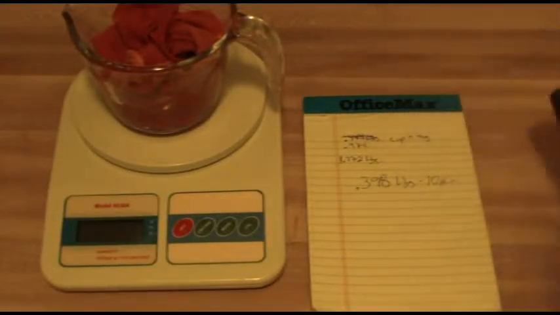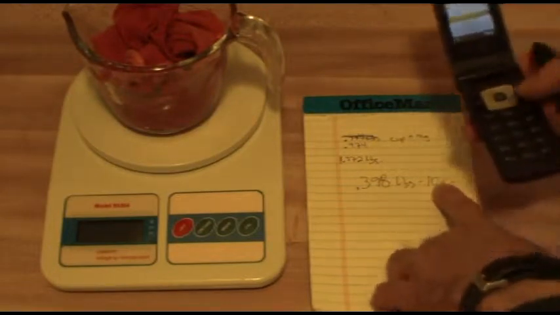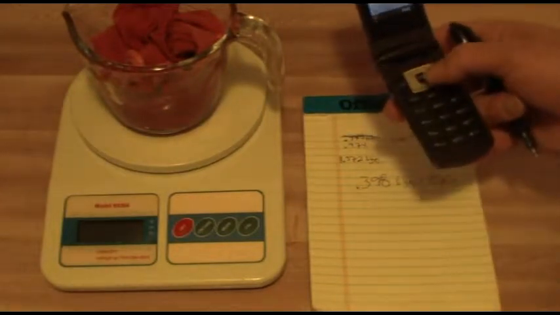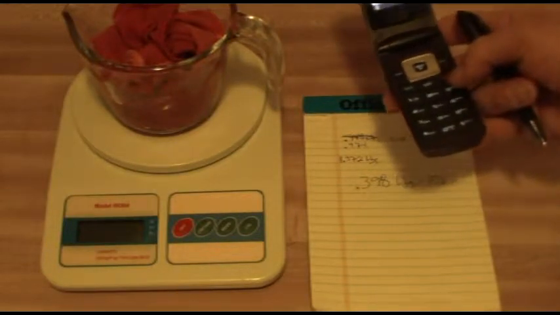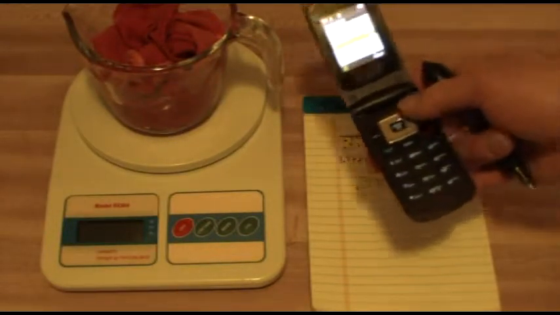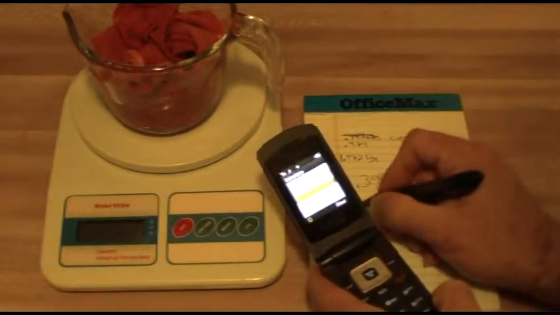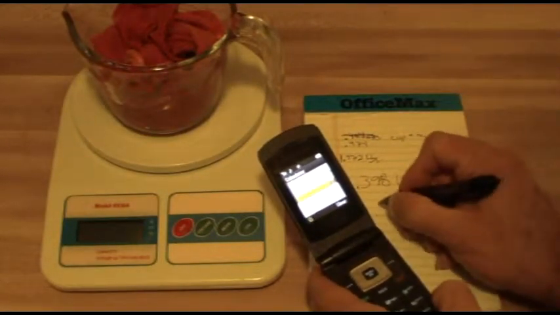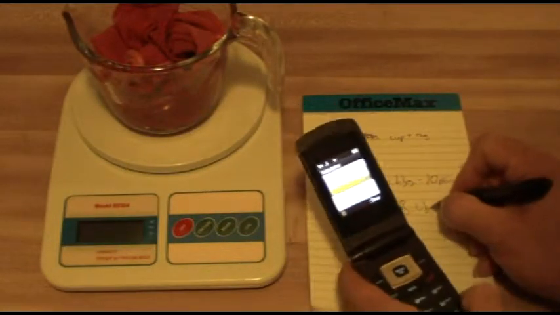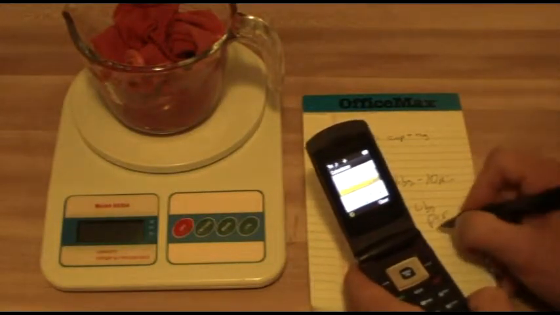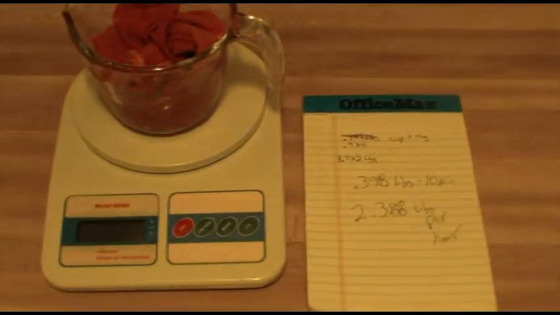So there's 6 ten-minutes in an hour, so we're going to multiply this by 6, which equals 2.388 pounds per hour.